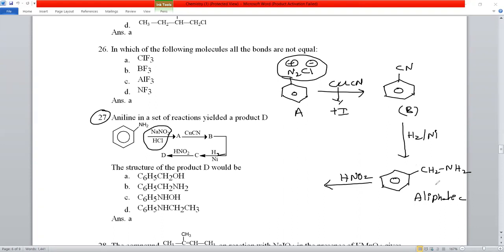First it will form the CH2N2+ Cl- compound. This is unstable, so immediately N2 gas is released and we get an alcohol, CH2OH. So the answer should be benzyl alcohol. Option A is correct.